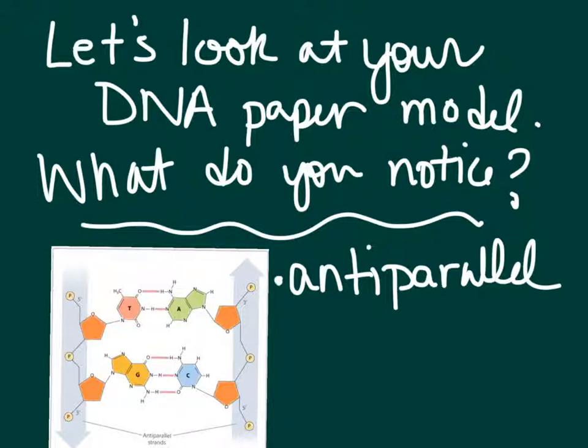What do you notice about the number of adenines and thymines? So the number of adenines equals the number of thymines. And what about the number of cytosines and guanines? The number of cytosines equals the number of guanines. This is actually a well-accepted rule named for the scientist who discovered it.